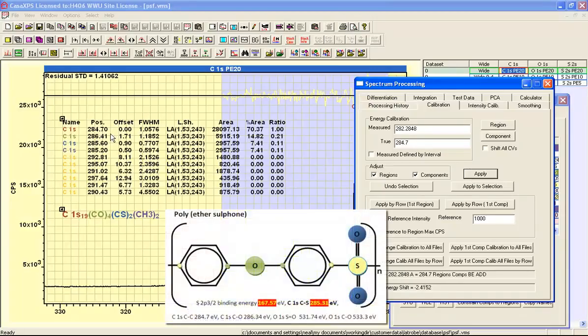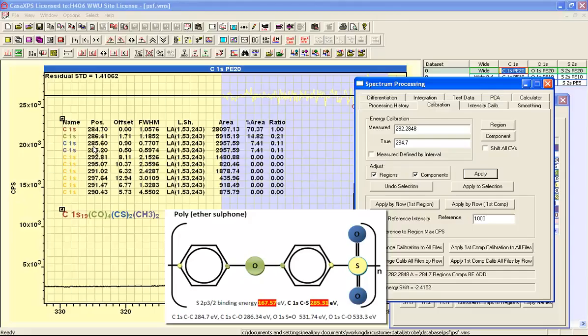So we can now read off what these look like in terms of relative binding energies, and we've got, this is the ring, and then this is the oxygen bonded to carbon, that's 286.41.